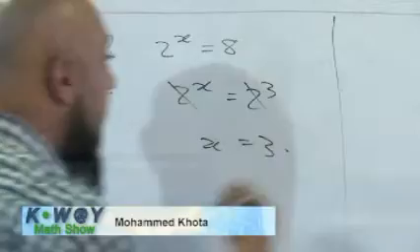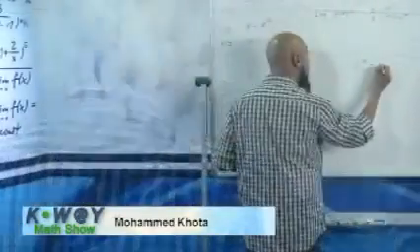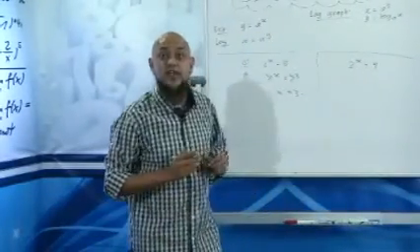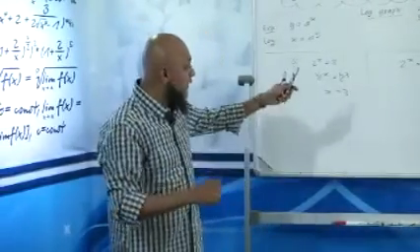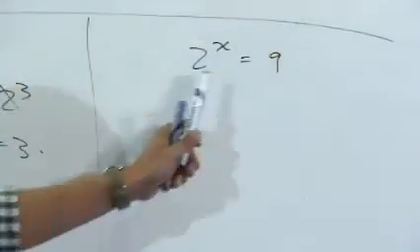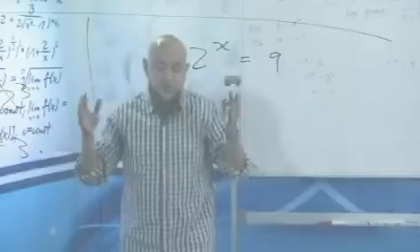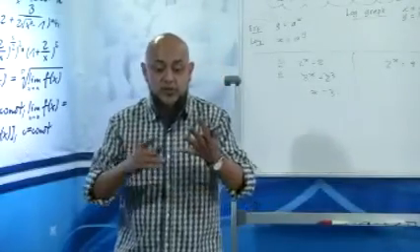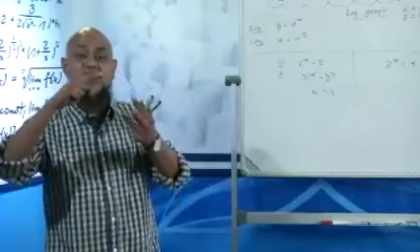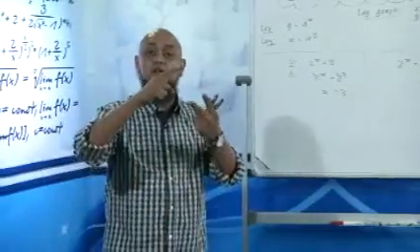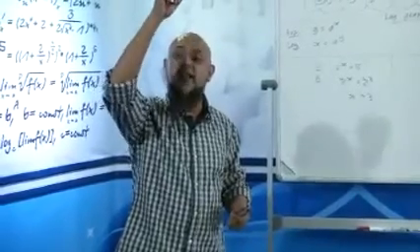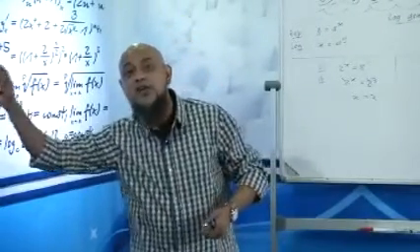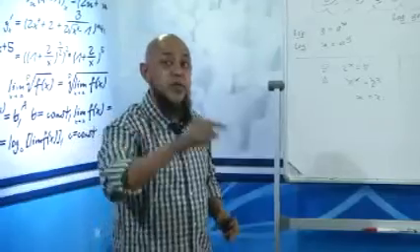So here's the situation: 2 to the power x is equal to 9. Now we cannot make the bases the same, hence the need for logs. We use logs when we cannot make the bases the same. Grade 12s, you're not only going to be using this in functions, you're going to be using it in sequences and series, and in finance. Wherever there's an unknown in the power and you need to make the power the subject of the formula, that's when you will use logs.